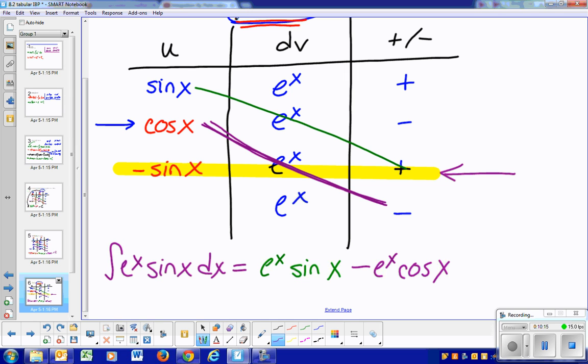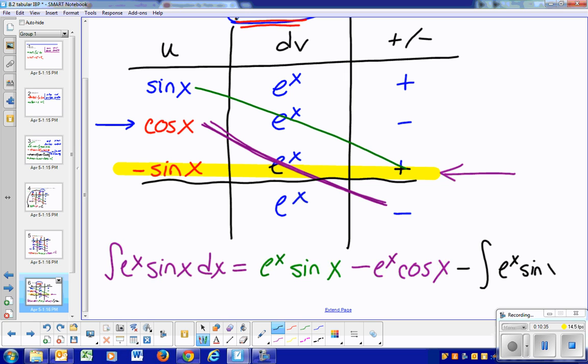And that horizontal reading is actually still an integral. So we'll write minus the integral, and I'm reading this, minus the integral of e to the x sine of x. I'll put a dx to keep it legit.